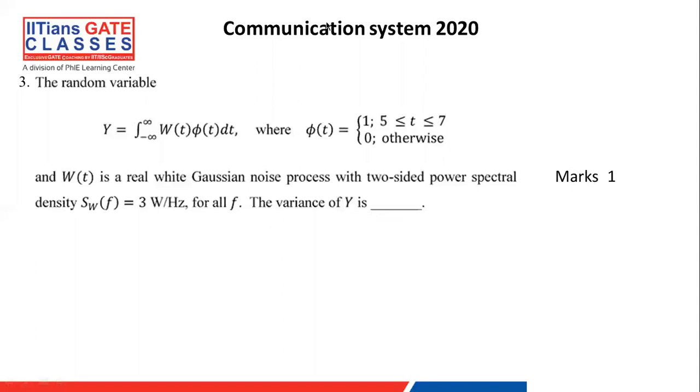Okay, now, first thing to note here is that W(t) is a real white Gaussian noise process, so its mean will be 0. So the expected value of W is 0, because it is Gaussian white noise. Second thing to notice is this relationship.